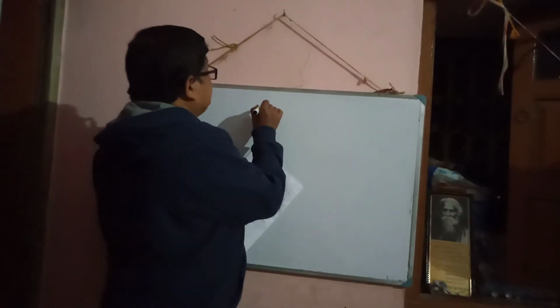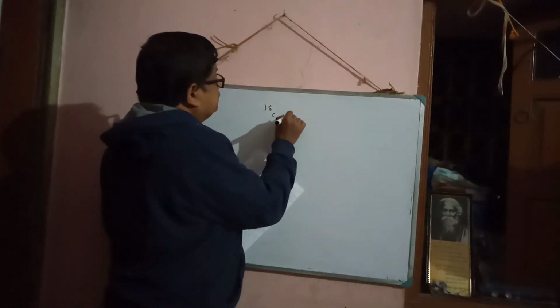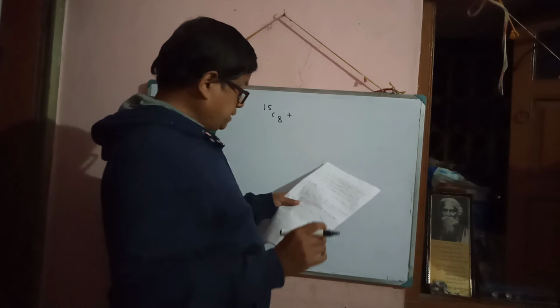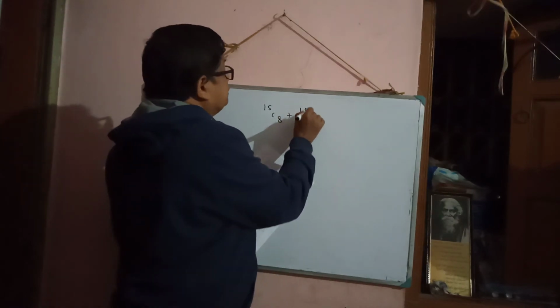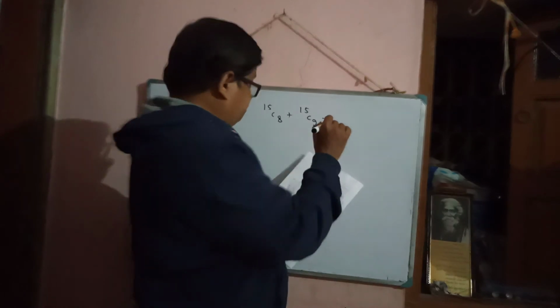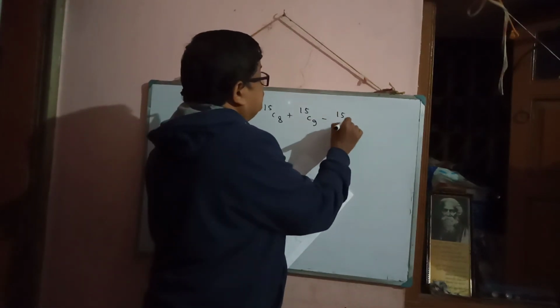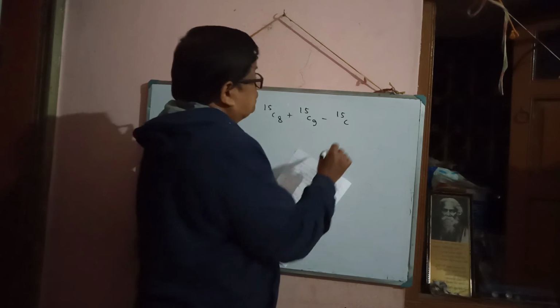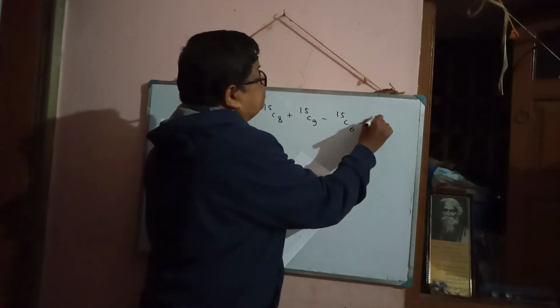Next one. Similar way, another sum. Suppose 15C8 plus 15C9 minus 15C6 minus 15C7.